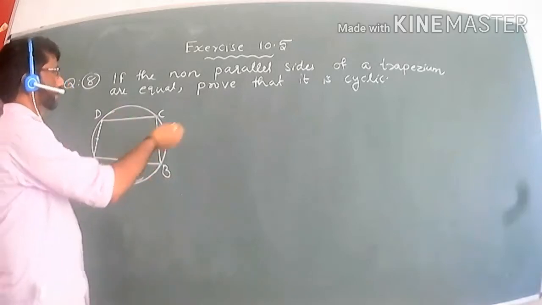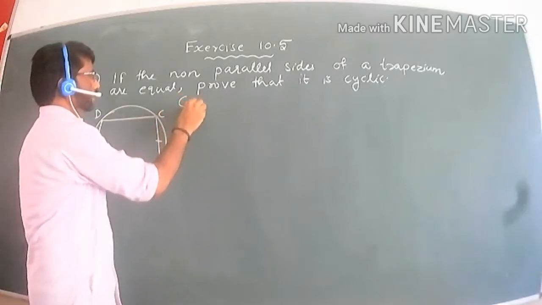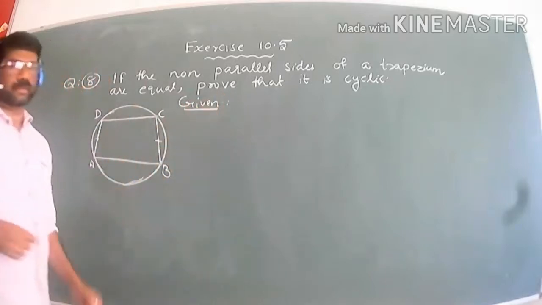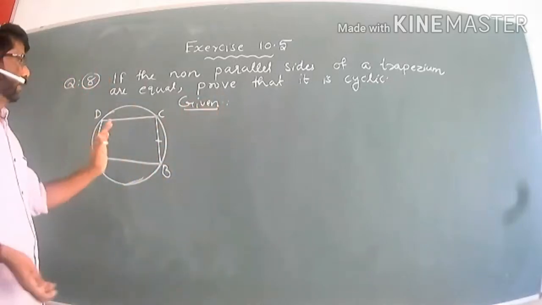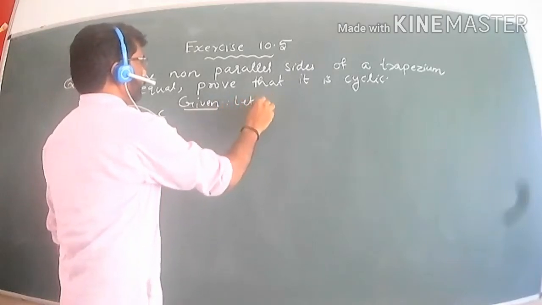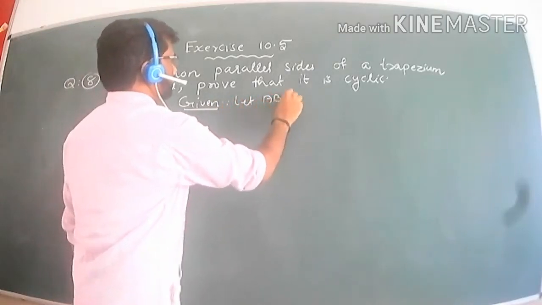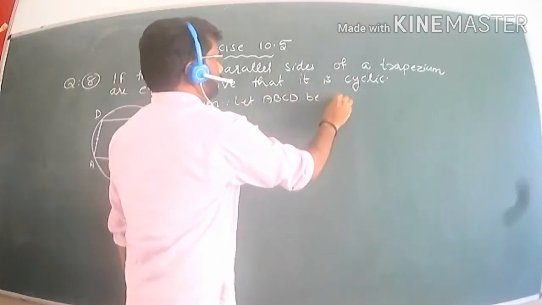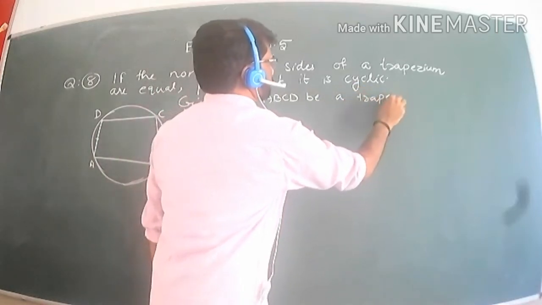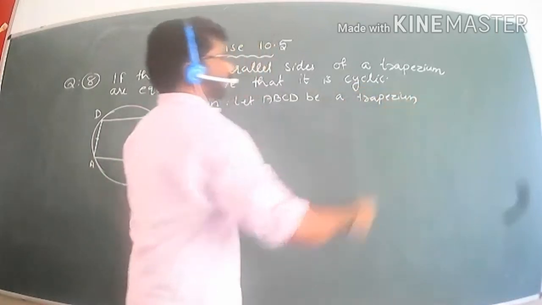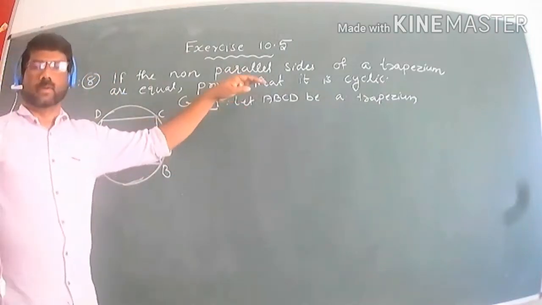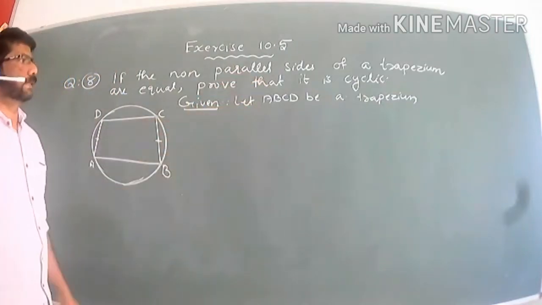So let us write what are the given conditions. Given. So we are drawing this figure. Figure was not given, so we suppose that figure is given. So let ABCD be a trapezium. You know, in the trapezium, one pair of opposite sides are parallel.